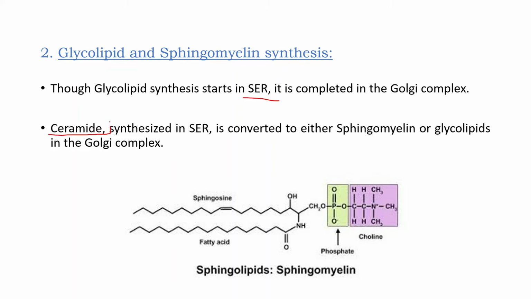A precursor of lipids is called ceramide and this ceramide is the molecule which is synthesized by SER. Now this ceramide which is synthesized in the SER is either converted to sphingomyelin or to other glycolipids in the Golgi complex. How this conversion is occurring, how ceramide is converted to sphingomyelin or glycolipids is beyond the scope of the syllabus.